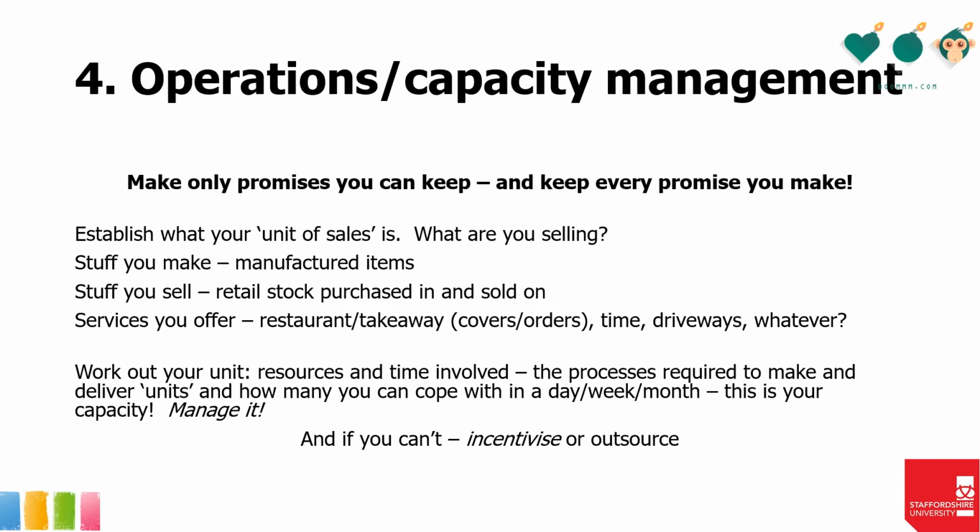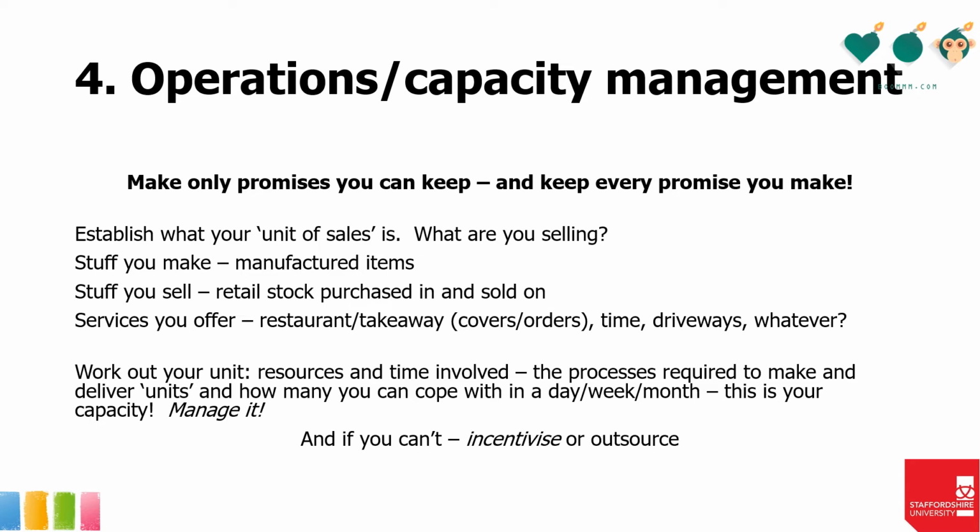If you can't manage your capacity and things get really busy and you don't want to turn that business away, then maybe you can outsource when you're at your peak, so you have other companies that can help with delivery, so you can meet that peak with additional resources.